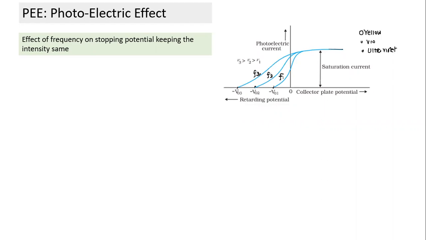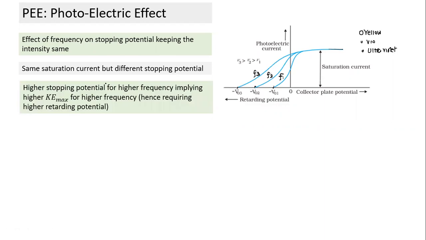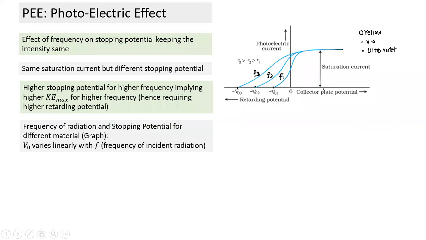And also, the higher the frequency of the source, the greater the energy of the fastest moving electron. So same saturation current, but different stopping potential. Higher stopping potential, higher frequency, implying higher Kmax for higher frequency, hence requiring a higher retarding potential. This is a natural conclusion we can draw from the experimental results.